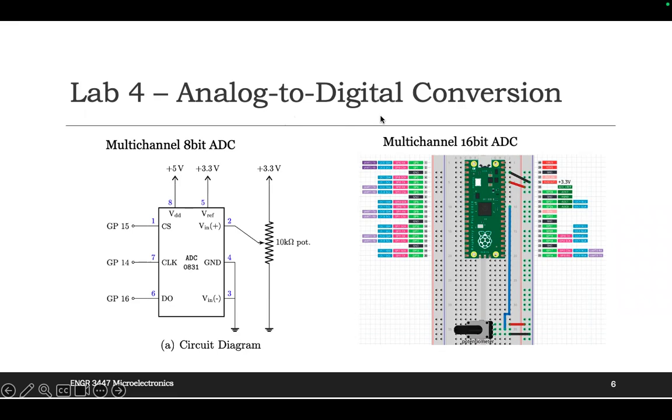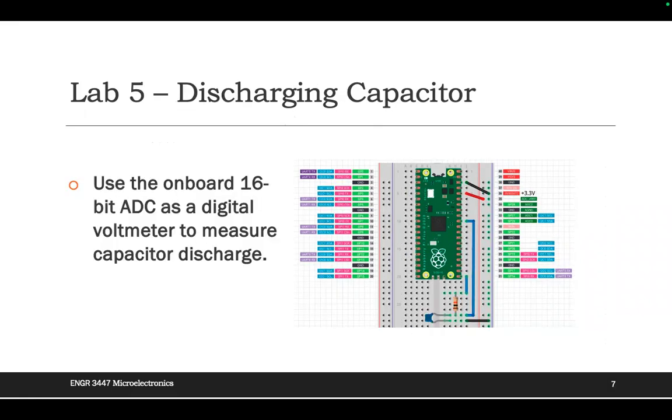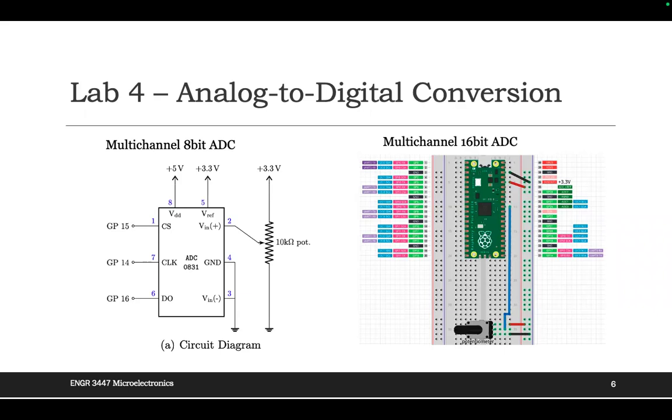And actually you will use this in other projects, maybe in other classes, so you need to know that. Okay, and lab 5, discharging capacitor. From lab 1 to lab 4, it's a kind of fundamental lab. It tells you what the most important parts of the Pico are: the output, input, the microprocessor, and how the Pico W works.